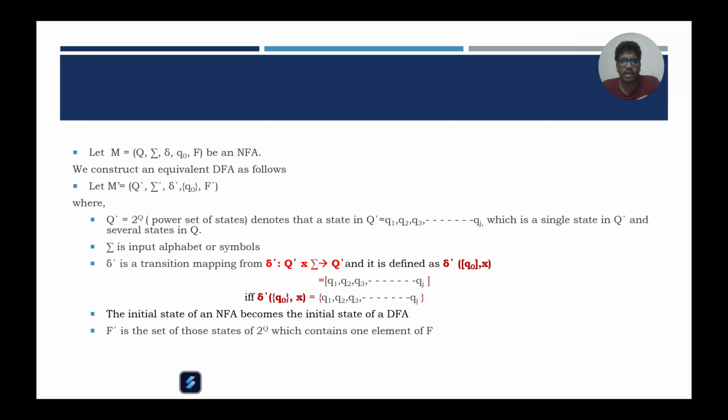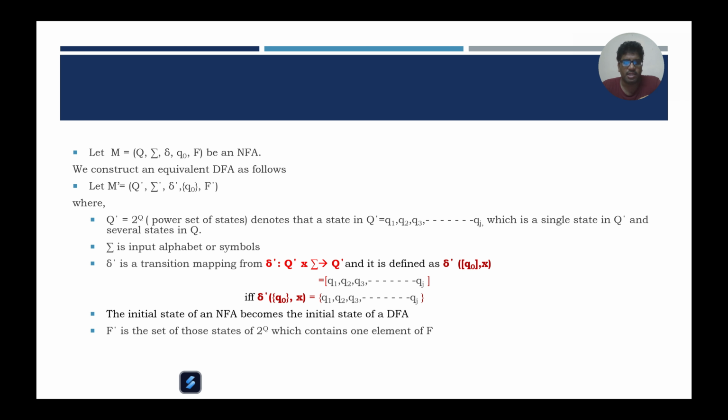The states in Q' will look like this: [q1, q2, q3, and so on up to qj], which is represented as a single state in Q', whereas it is several states in Q. Q is the representation of NFA states, and Q' is the representation of DFA states. So in Q we have several states, but in Q' it is considered a single state. Sigma is the input alphabet or symbols.